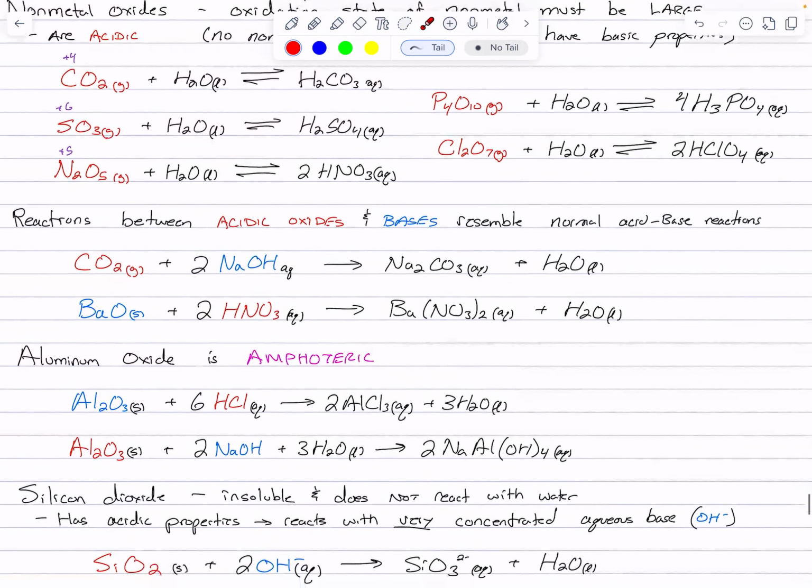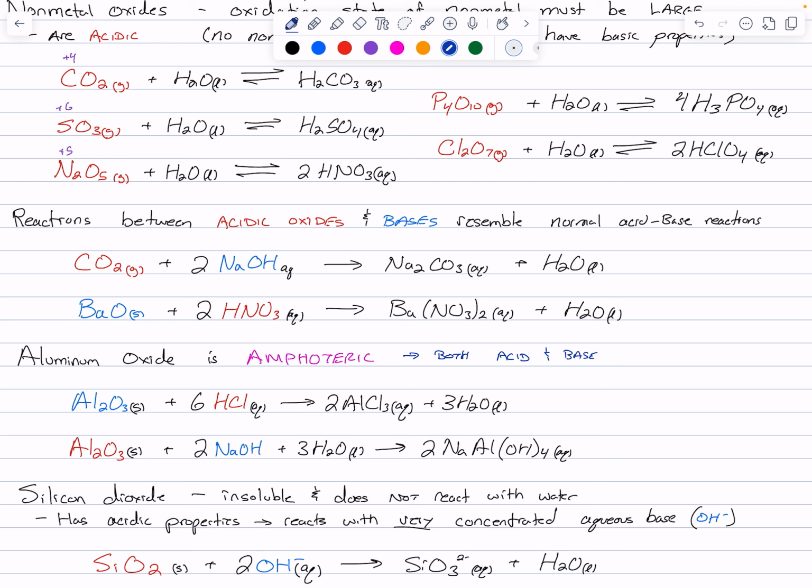Now, aluminum oxide is amphoteric. What does that mean? That means it can act as both an acid and a base.